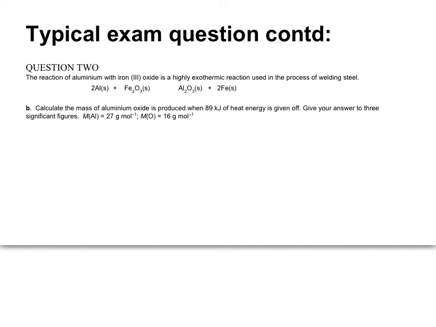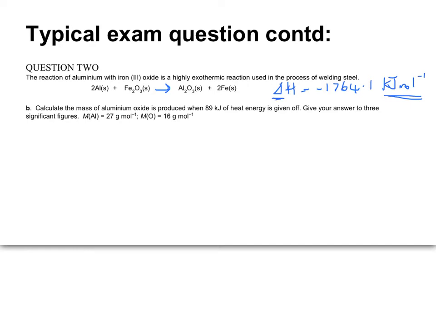Okay, so now we have another sort of question with the same sort of problem. We've still got that same reaction, and we would have been given the delta H equals minus 1764.1 kilojoules per mole. So delta H's are always given in kilojoules per mole, and they have to be minus or plus because we're talking about a change in enthalpy.